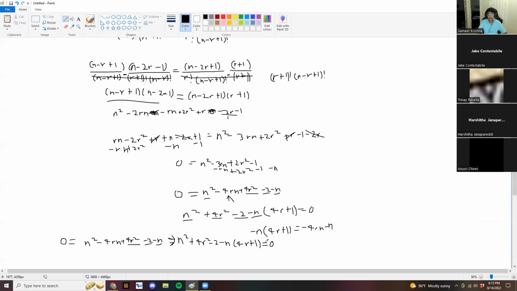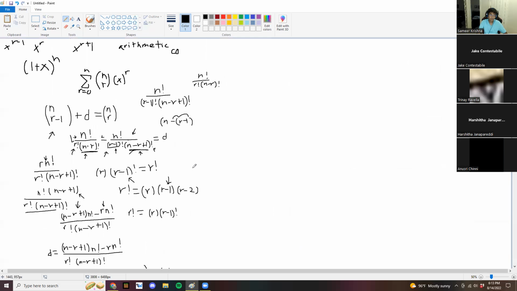So let me explain it now that I showed the work here. The coefficients of this and this are arithmetic. So we make this a general term, and then this is to find the coefficient. We plug in r minus 1, r and r plus 1.